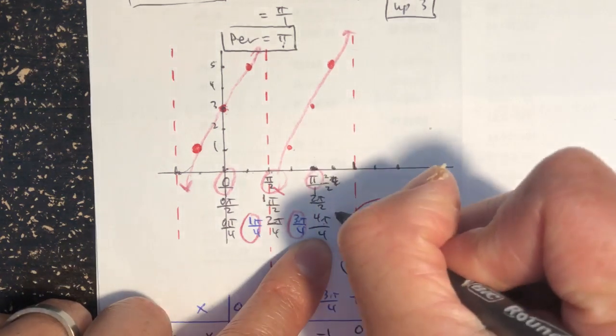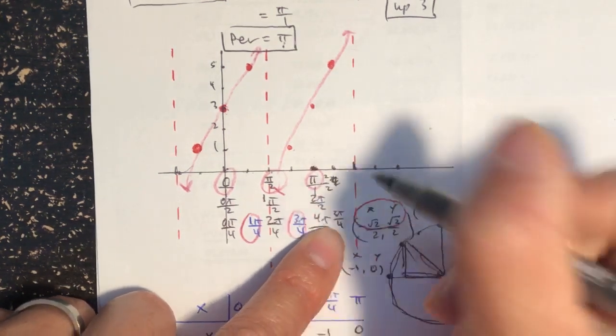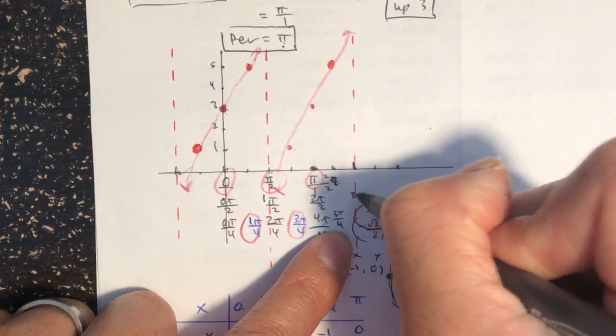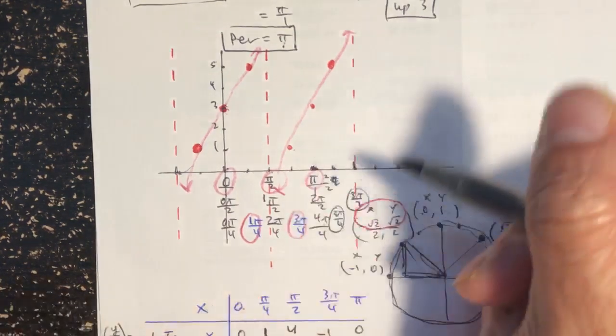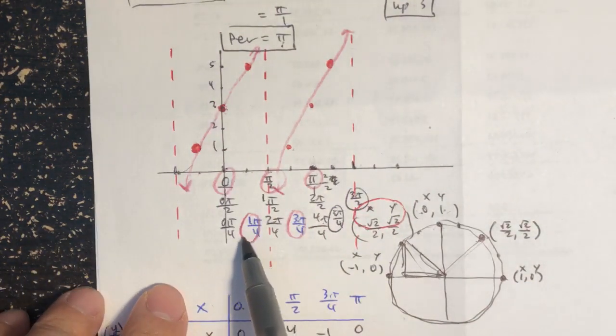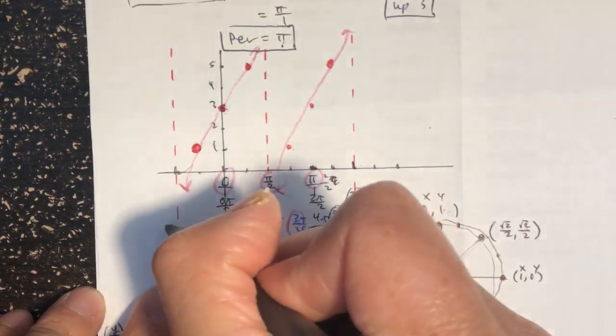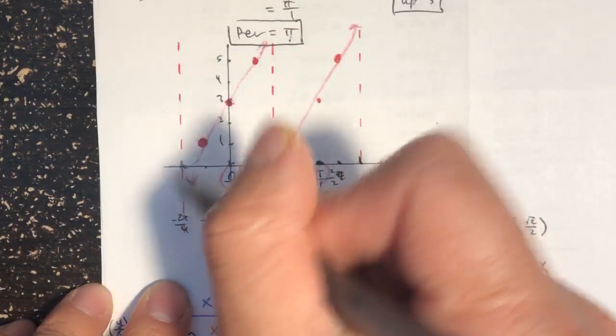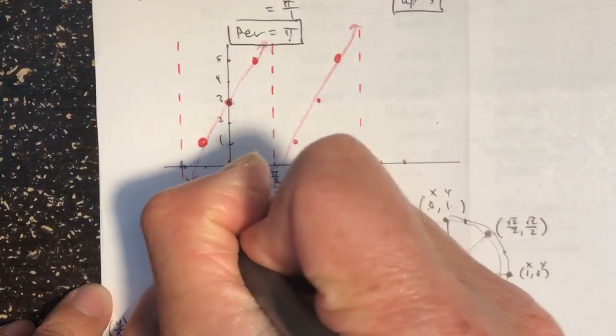This one is going to be 5 pi over 4, and this is 6 pi over 4, which is 3 pi over 2. If you go in this direction, it's negative 2 pi over 4, so negative 1, which reduces to negative pi over 2.